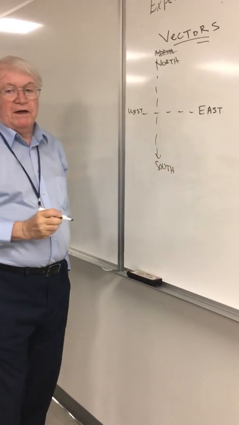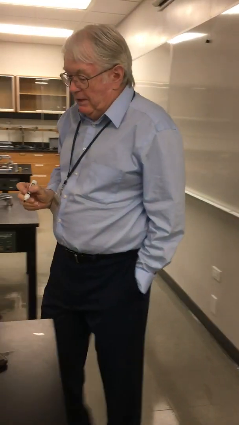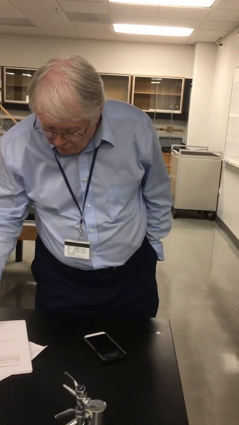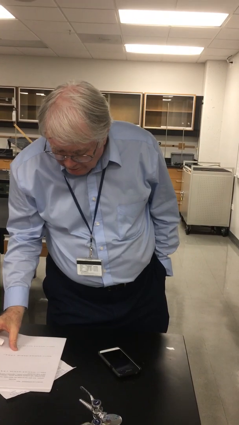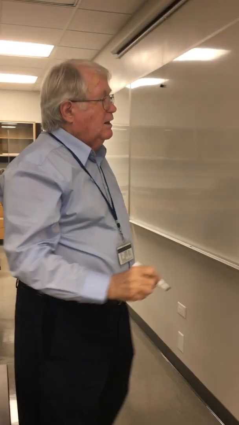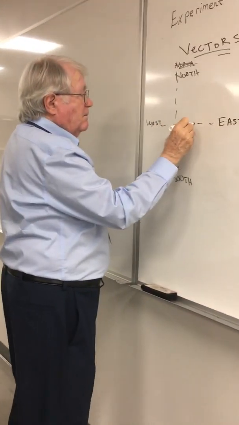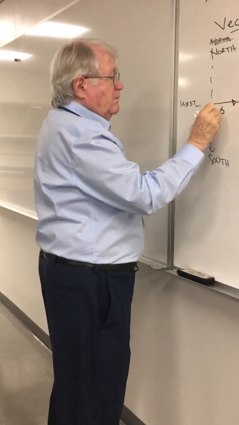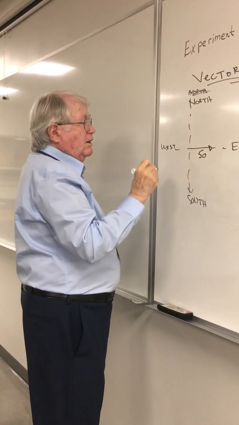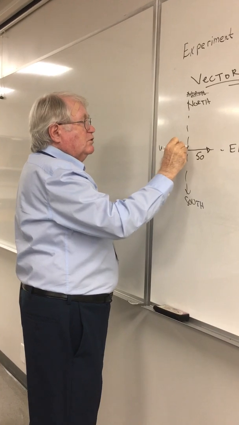Now we represent the vector. You can't write 50 pounds on a piece of paper, but you can draw something which is 50 pounds and represent it, and I'll represent that by a vector about this long right here. And that's going to be 50. And then the 100 pounds going north would be twice as long.